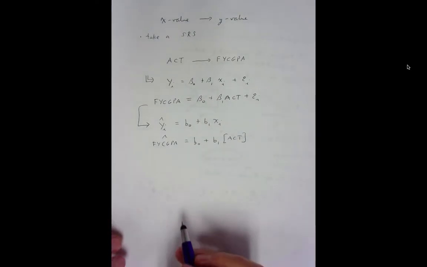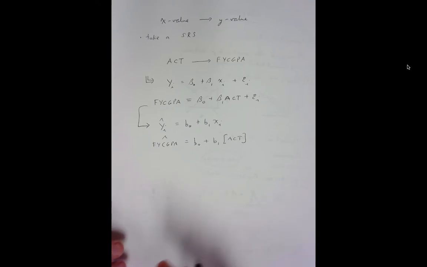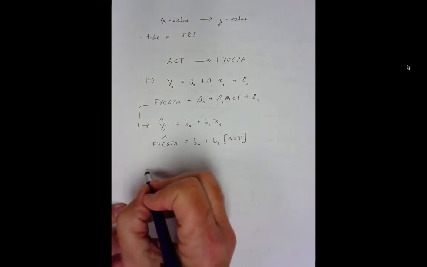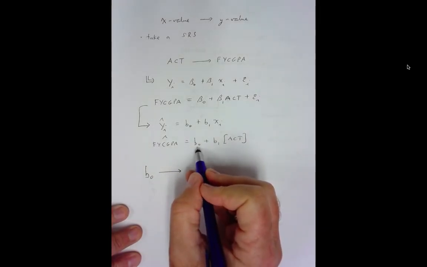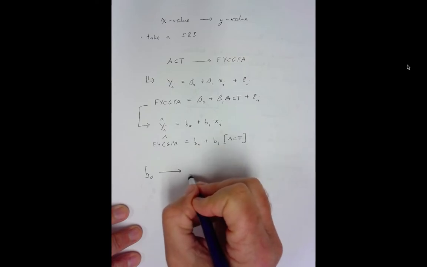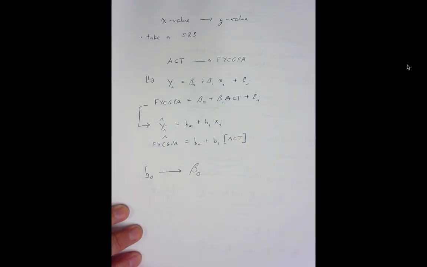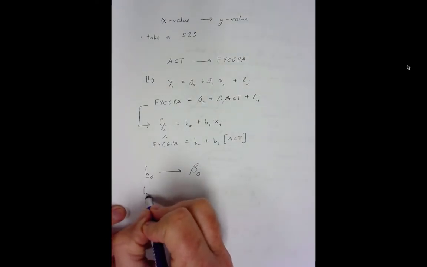So guys, it's important that you realize that when we put all this information into StatCrunch or even calculate it by hand, the b0 that we get from our model, the intercept, is an estimate of the population intercept.